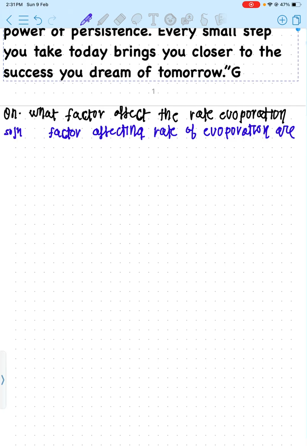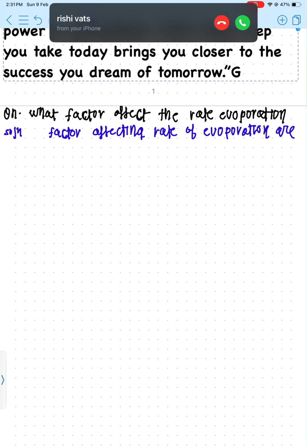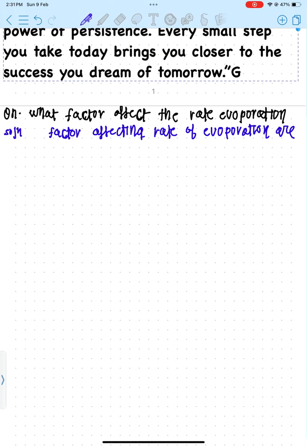When we increase the temperature, the kinetic energy of the molecules increases, so they will escape faster. If they escape faster, the evaporation will increase. So first is temperature.